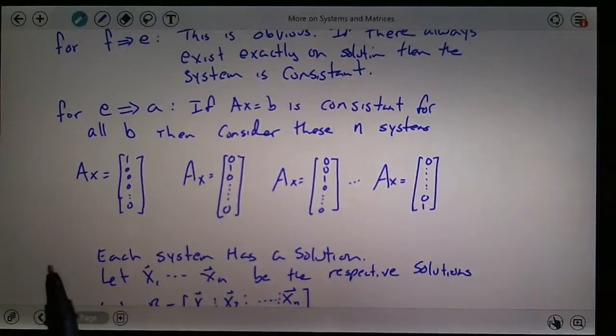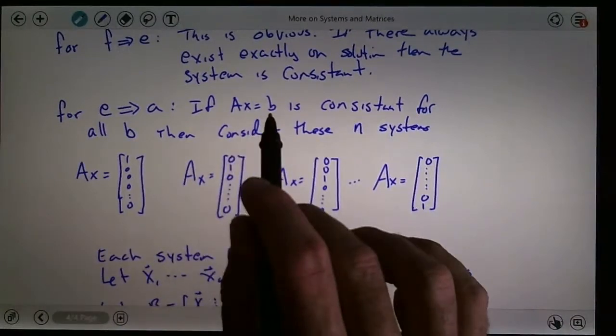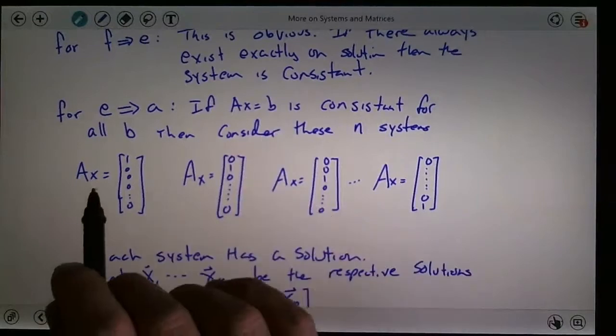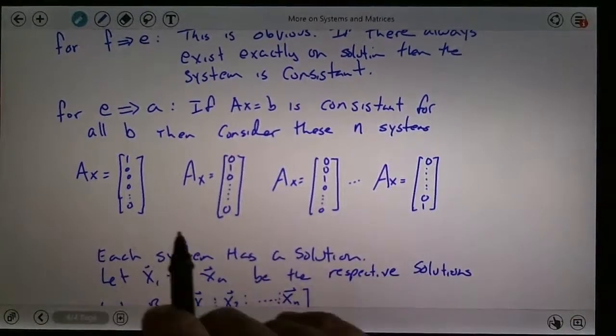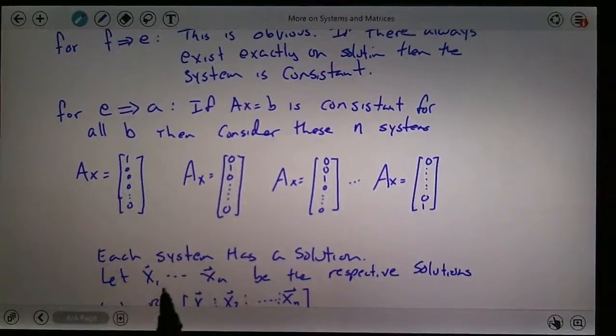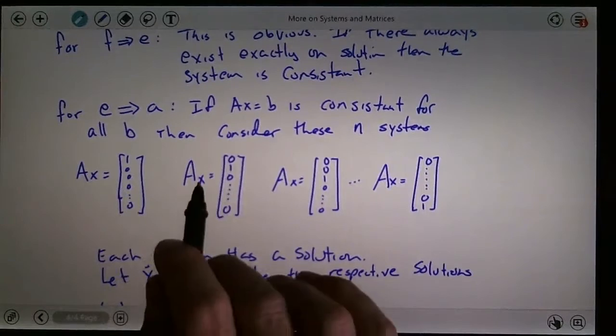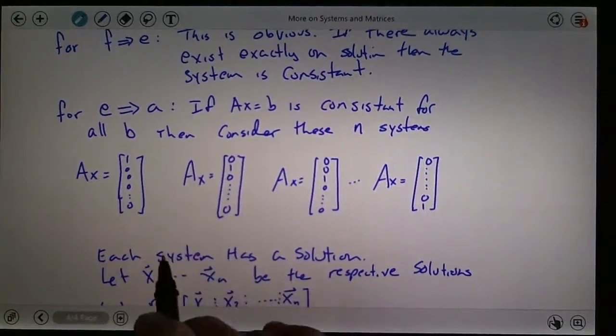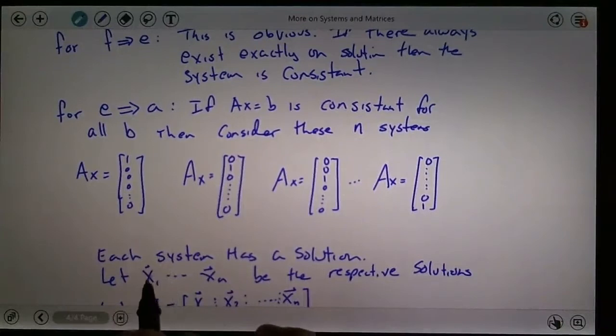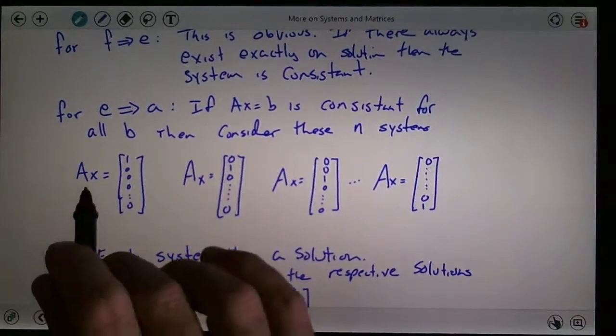So because I know that this is consistent for every B, each one of these systems is consistent. So there's a solution for this one, which I'm going to call x1. There's a solution for that one, which I'm going to call x2. And these are matrices. x1 is a whole n by 1 matrix that's got numbers in it, which are the solution to this system.